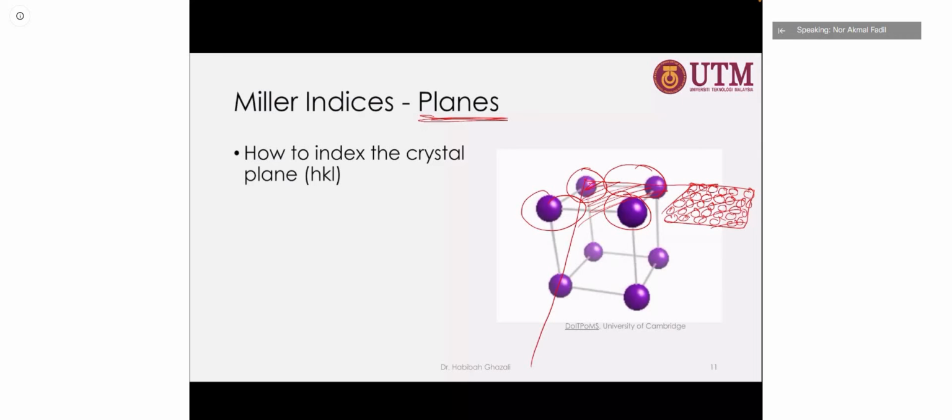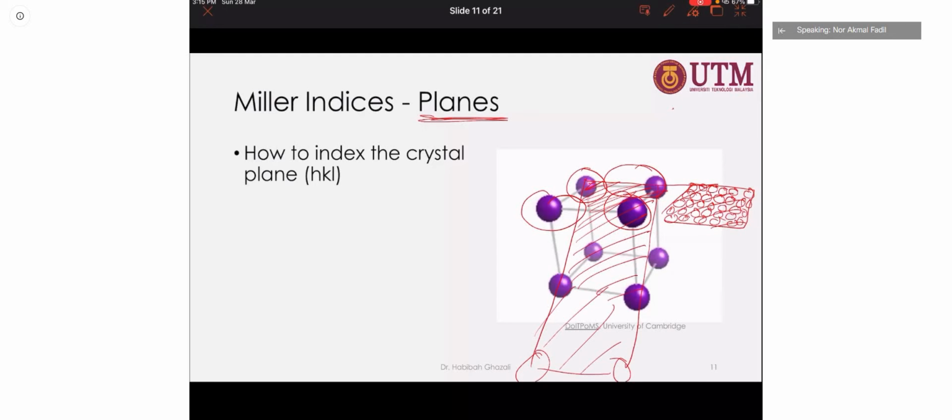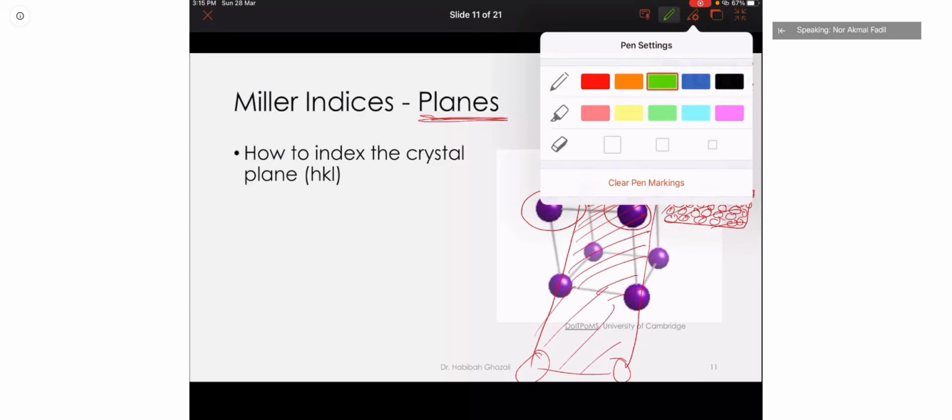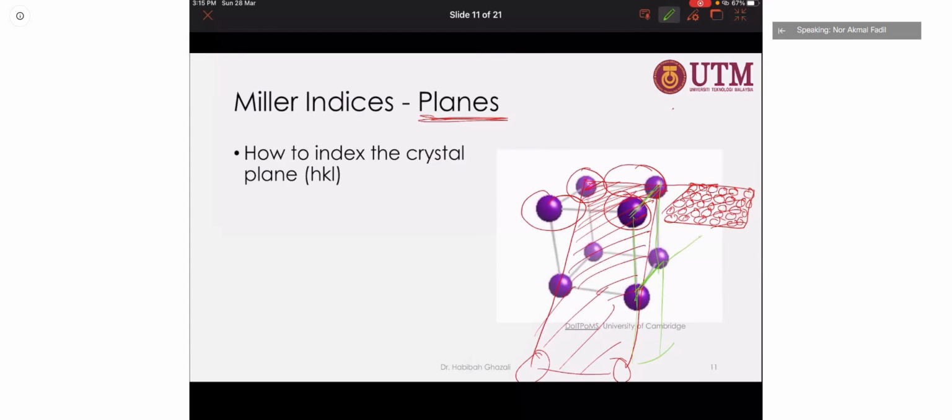And if we look at these atoms, and of course the neighboring atoms somewhere here, they form another plane facing a different direction. So there are different planes that can form in one single atomic structure.